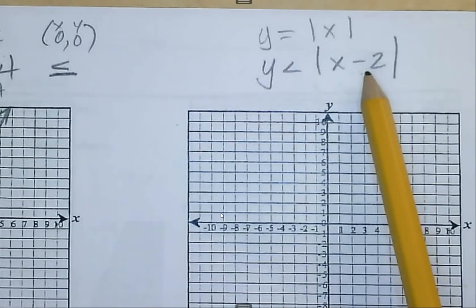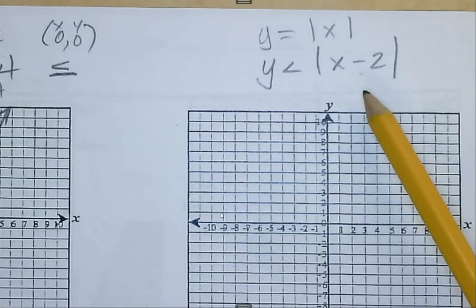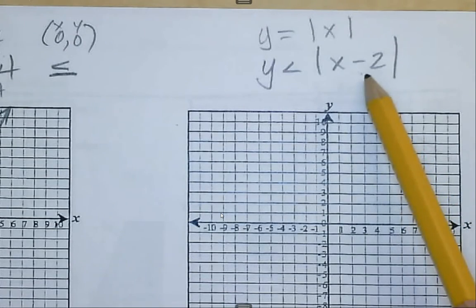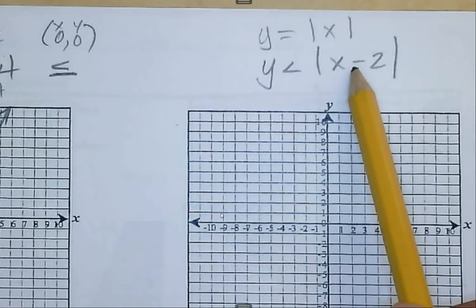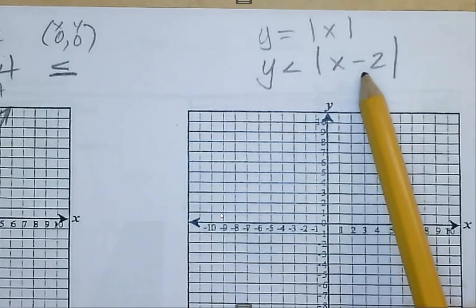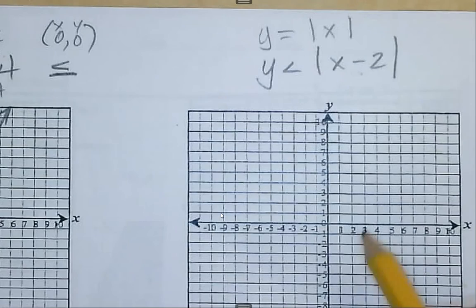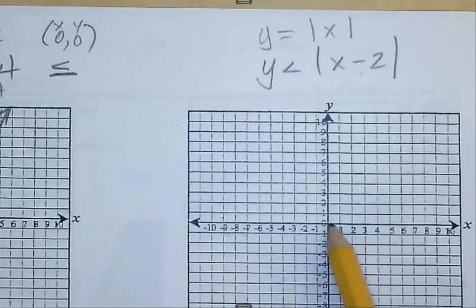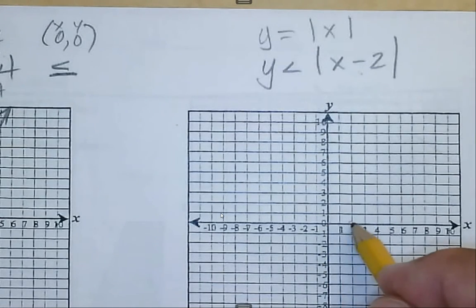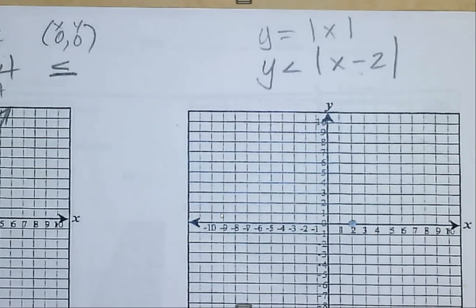And we should know by now that horizontal translations are opposite of the way you think. So the fact that it has a -2 actually means this would have been moved to the right 2 units. Okay? So I'm going to start at my origin, and I'm going to go over 2 units, and right here is the vertex of my absolute value graph.